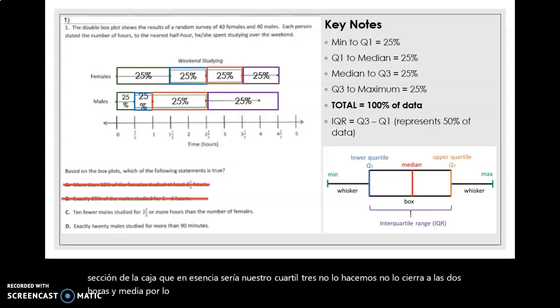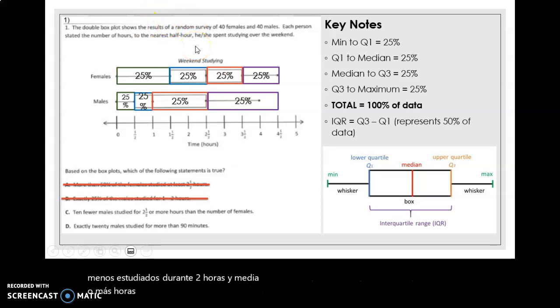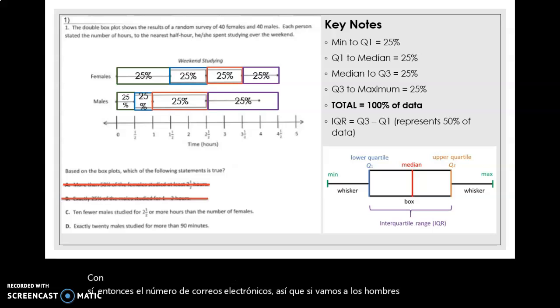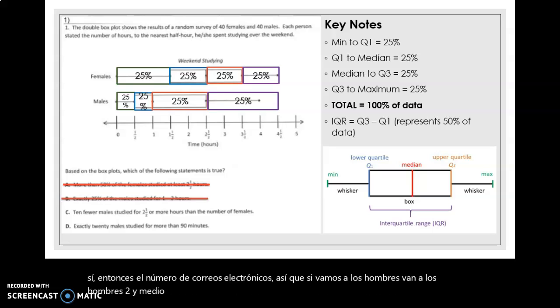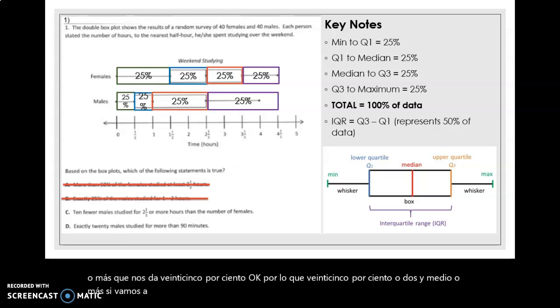If we go to C, it says 10 fewer males studied for 2.5 hours or more than the number of females. If we go to males, 2.5 or more gives us 25%. If we go to females, for 2.5 it has 25 plus another 25.